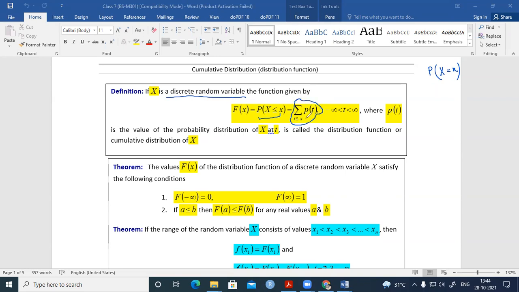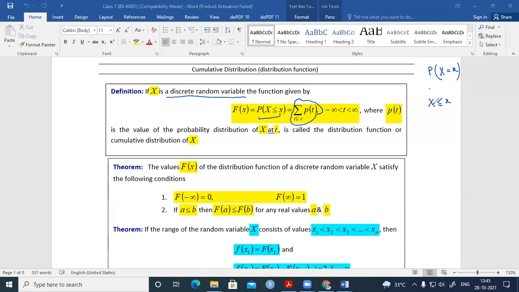I shall explain how to calculate these probabilities with respect to a given problem. One important thing that you have to note down is that although I have written here that X is less than or equal to small x, every time we calculate these probabilities, remember that capital X is discrete.